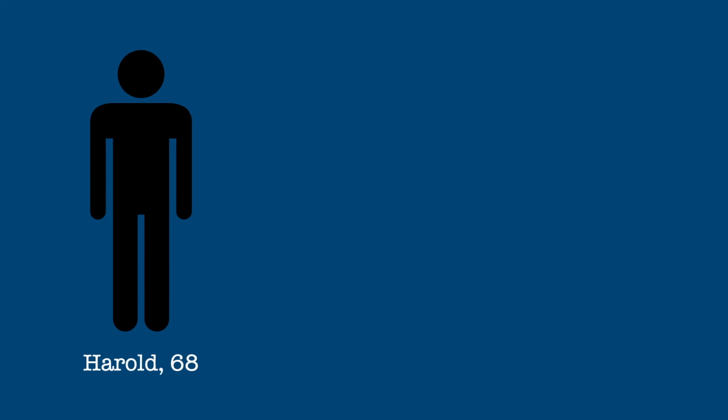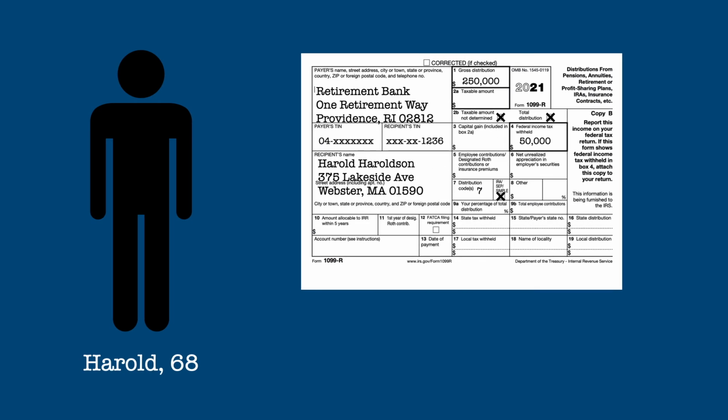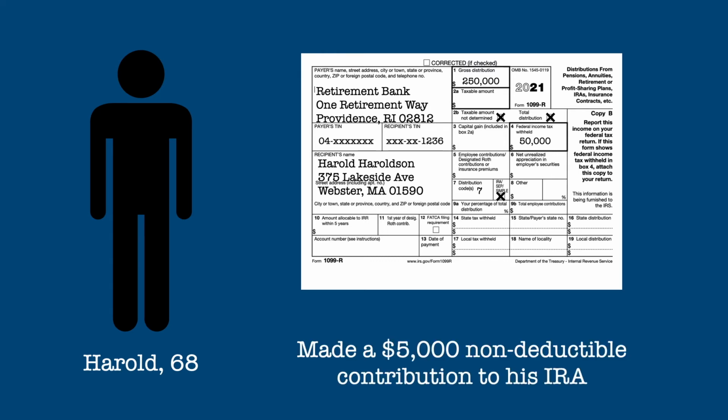Now let's meet Harold, age 68. Harold withdraws the entire $250,000 from his IRA. However, many years ago, Harold made a non-deductible contribution to his IRA of $5,000. Here, you'll notice that the total distribution box is checked on Harold's 1099-R.